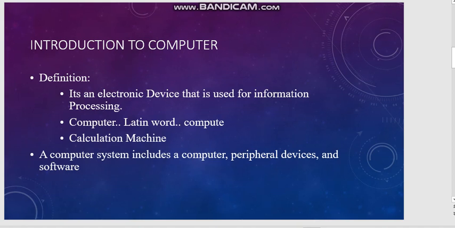A computer system consists of a computer, peripheral devices, that is your input devices and output devices, and software. I will discuss the peripheral devices and software in detail in my later classes.